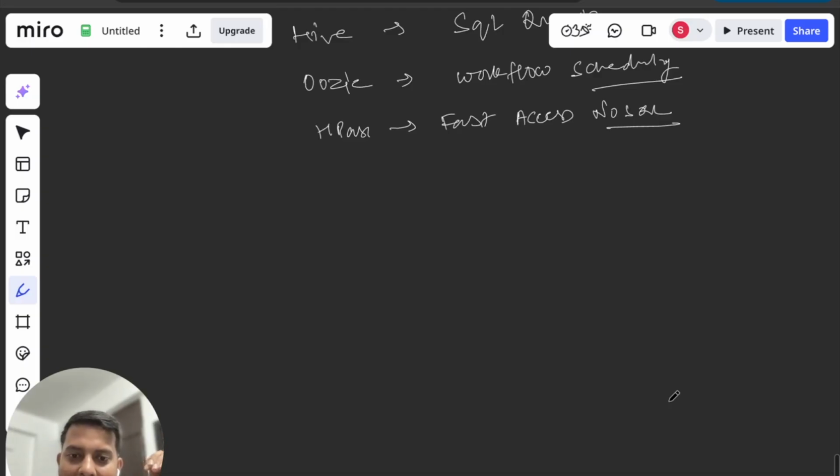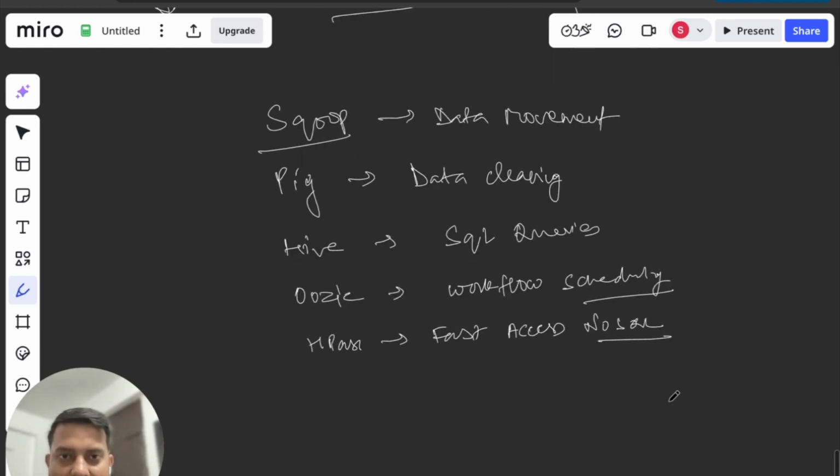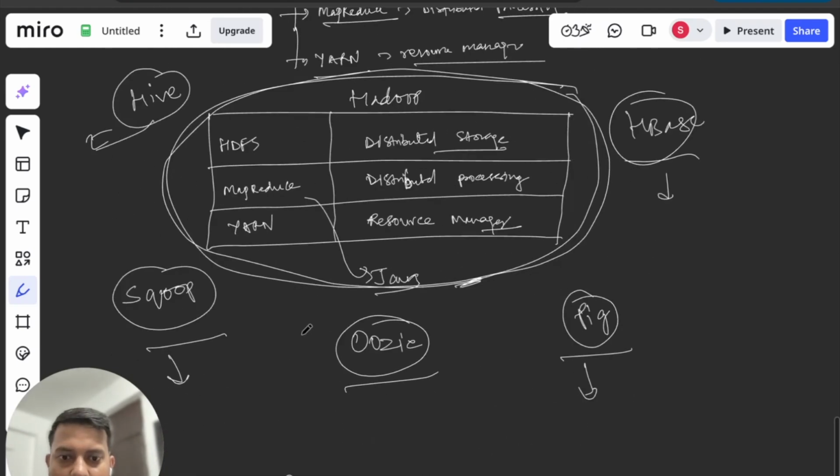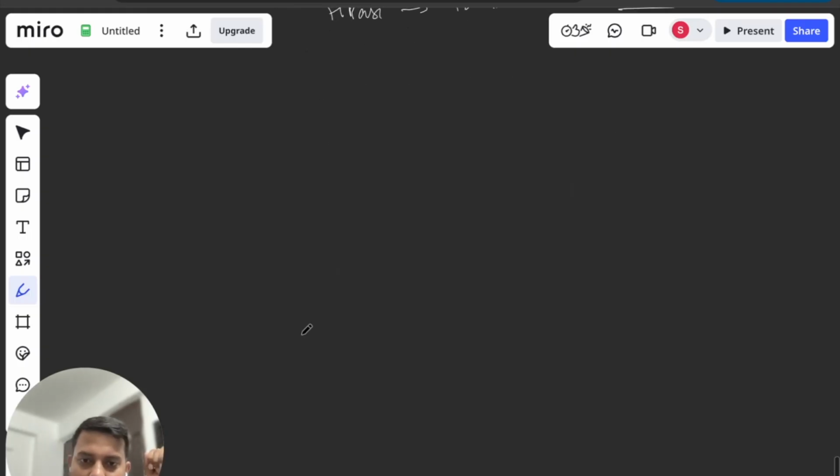The ecosystem tools made Hadoop very powerful, but it became very complex. You had to learn too many different tools, a different tool for a different purpose. It was too hectic.